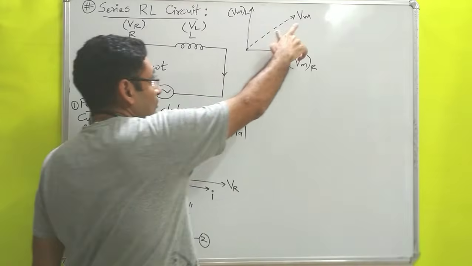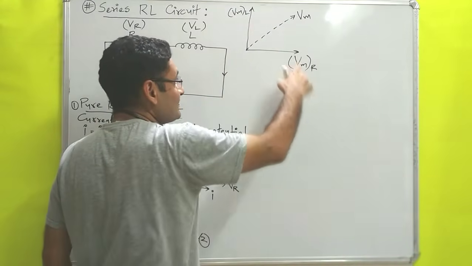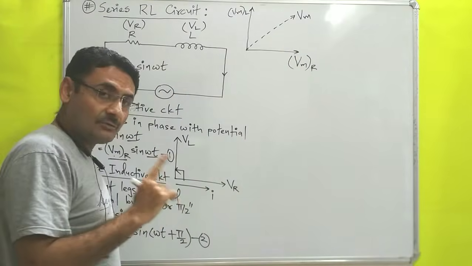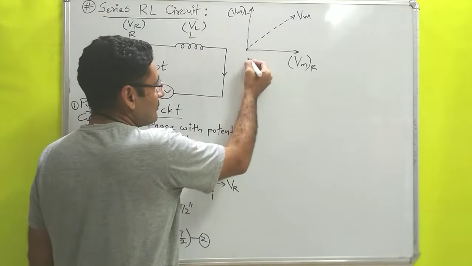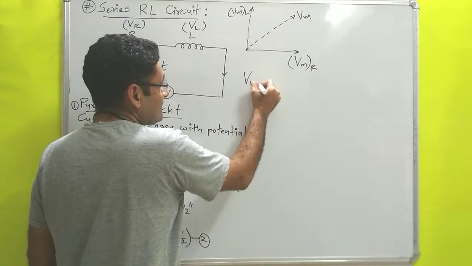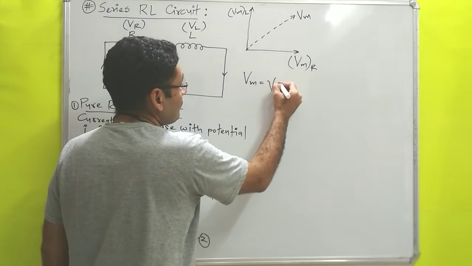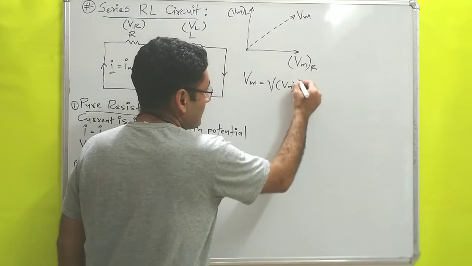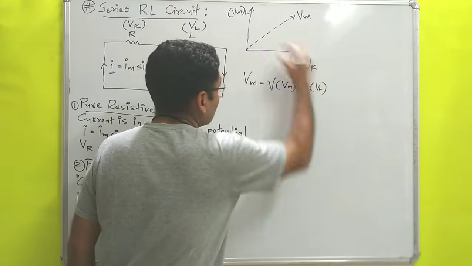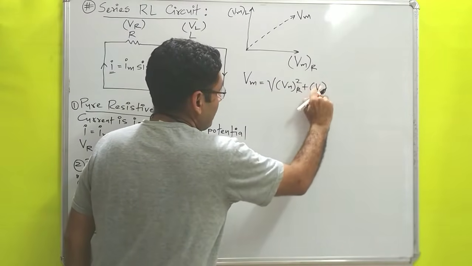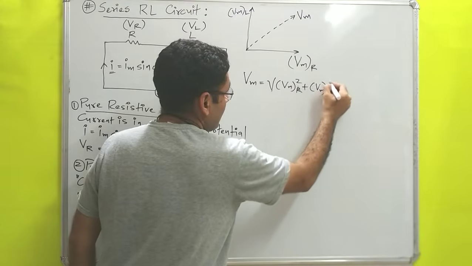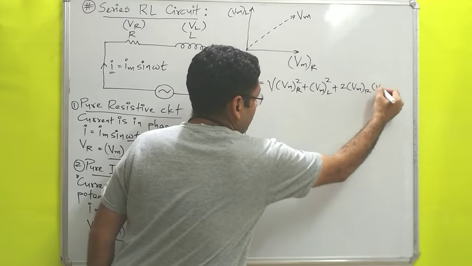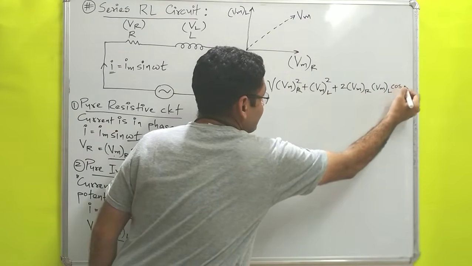That means if you want to find out the value of Vm, which is the resultant of these two values, you have to add both of these vectors. How we will add both of these vectors? For that also we have studied the equation that Vm, that is the resultant, is equal to under square root of Vm of R square plus Vm of L square plus 2 Vm of R, Vm of L cos theta.